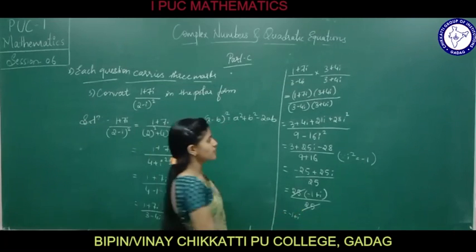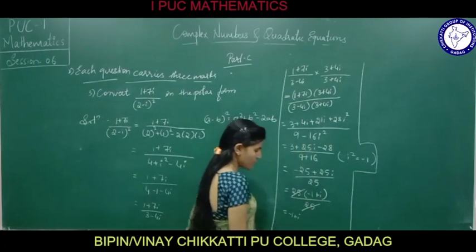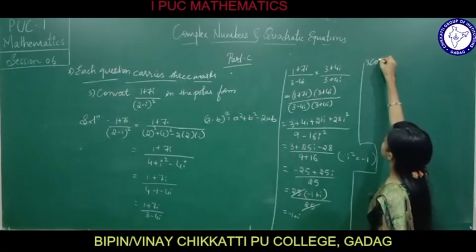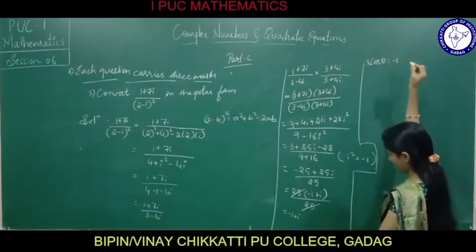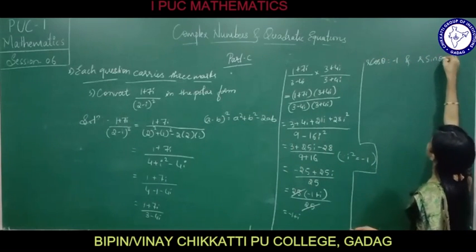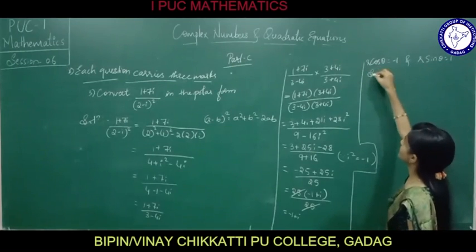Its polar form, in the sense, going to be what? r cos theta will be equal to minus 1 and r sin theta will be equal to 1. Now squaring and adding.